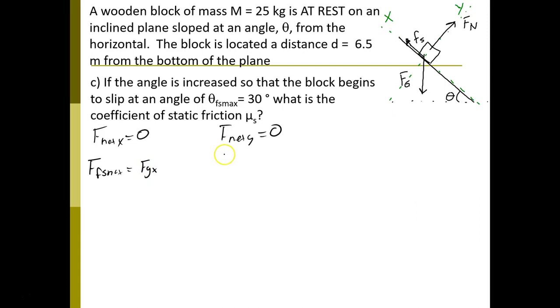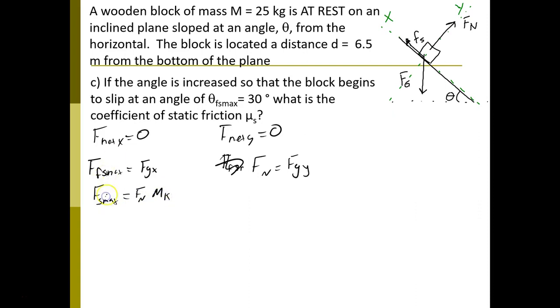And my Fn is equal to the force of gravity in the y direction. I want to find that static coefficient. I know my maximum static friction force is also equal to the normal force times my coefficient.